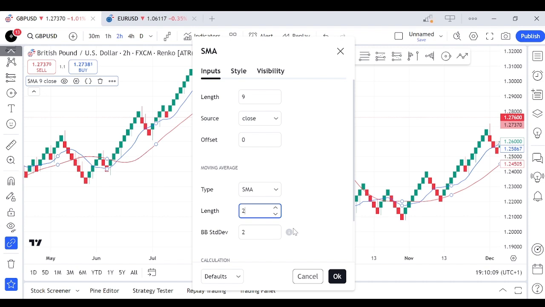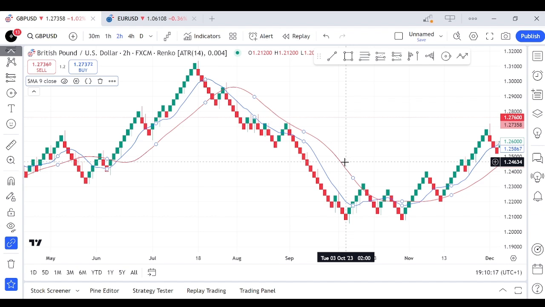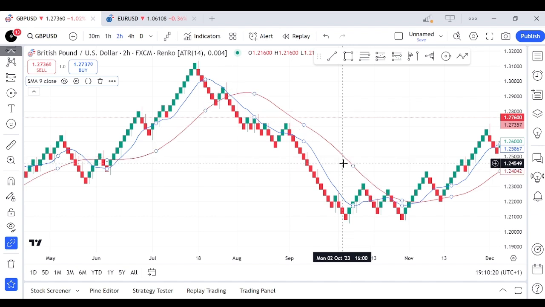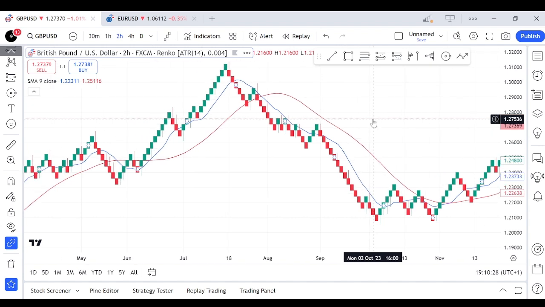Let me change this to 20. So when the faster moving average, which is the 9 MA, crosses above the slower MA, it generates a buy signal. Conversely, when the faster MA crosses below the slower MA, it produces a sell signal.